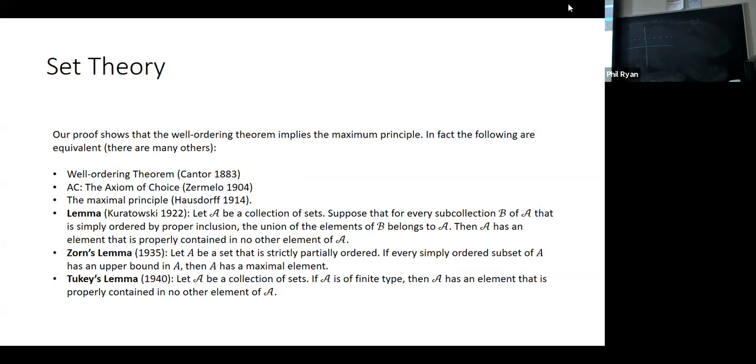So Kuratowski in 1922, he was part of the Warsaw School of Mathematics, including people like Banach and Tarski, that kind of school.